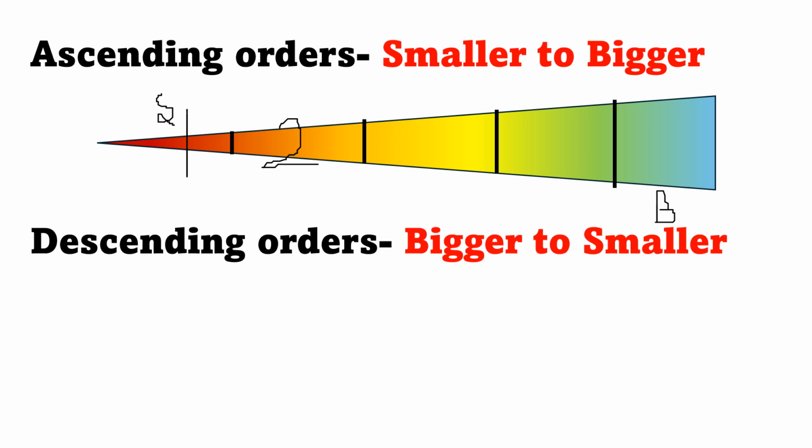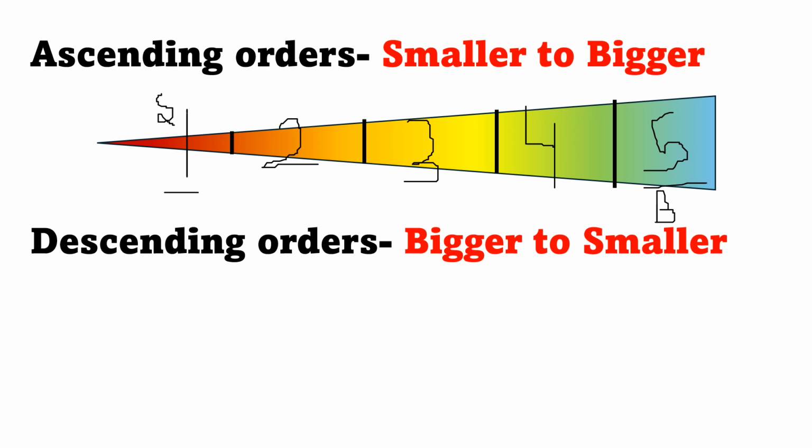And what is bigger than 2? It is 3. Now what is bigger than 3? 4. And what is bigger than all these? The number 5.